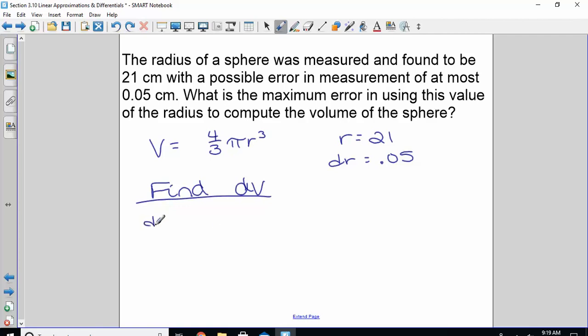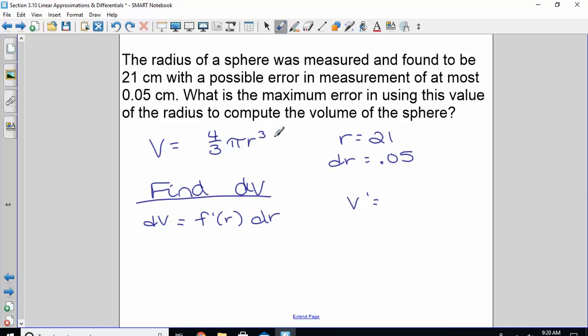We know that dV is, if we use our differential formula, f prime of r times the dr. In other words, I need the derivative of this, and then I can multiply by my change in r. So let's talk about this derivative. The 4/3 pi is just my coefficient.